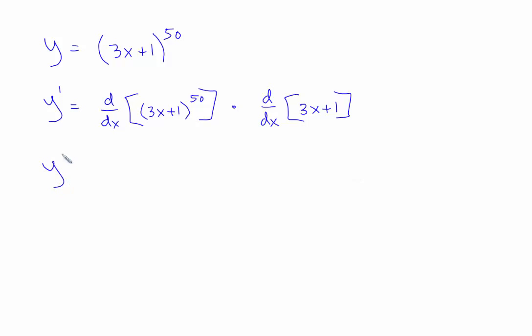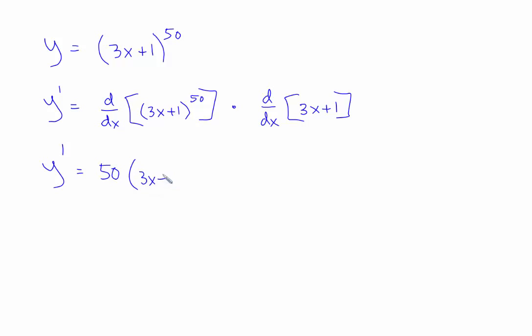We can use the power rule for this. It's a corollary called the general power rule. So we'll get 50 times, and here's the important thing: when taking the derivative of the whole function, you leave the inside function alone. So always leave this alone.